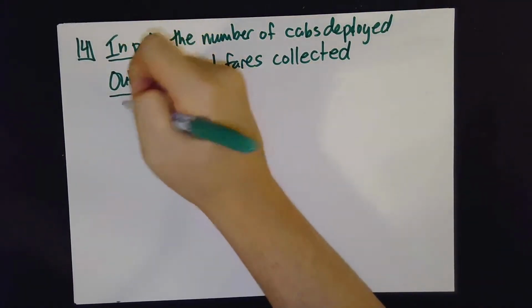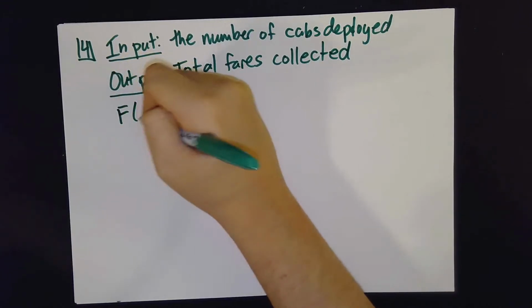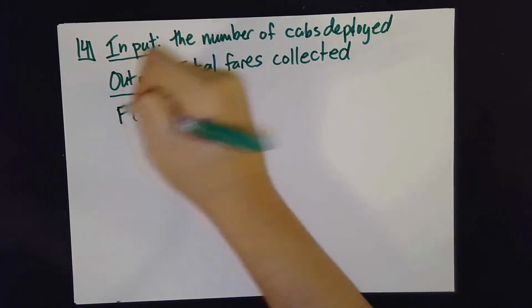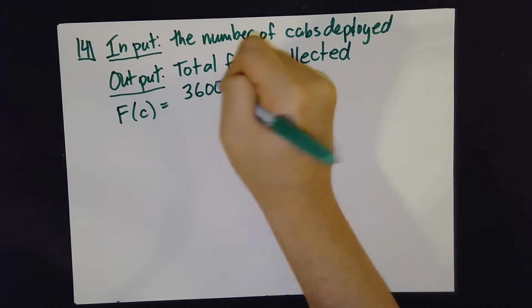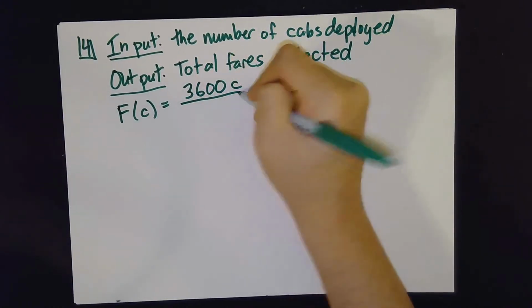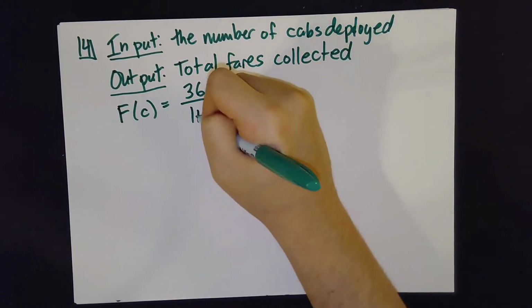And the way this is modeled is with the function f of c equals 3600c over 1 plus the square root of c.